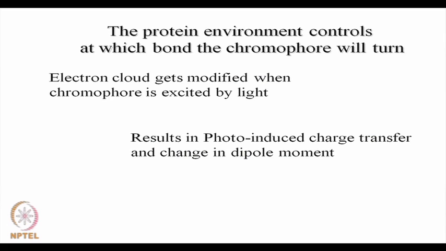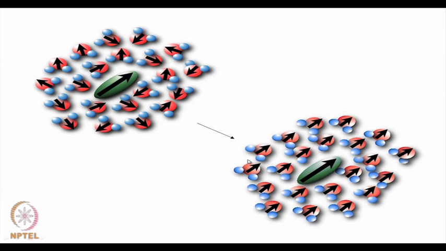So, when there is a change of dipole, what do we expect? That dipole will tend to get solvated. Okay. So, there is a schematic, as already shown to you, that your dipole is here because of photo excitation. So, dipole solvation is possible.